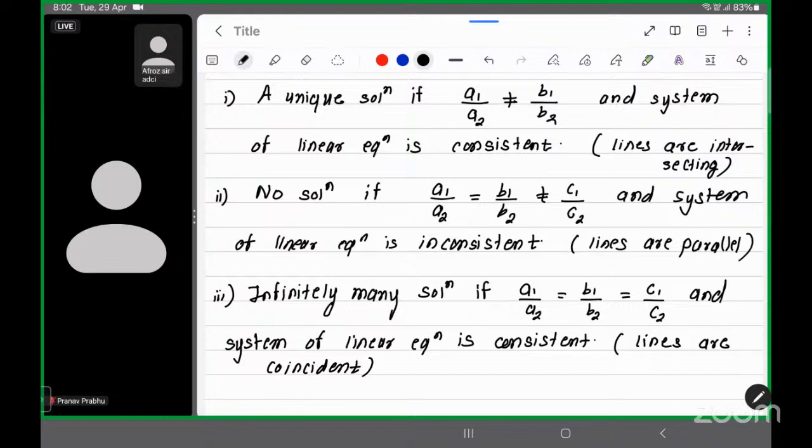Coincident means they are lying on each other.